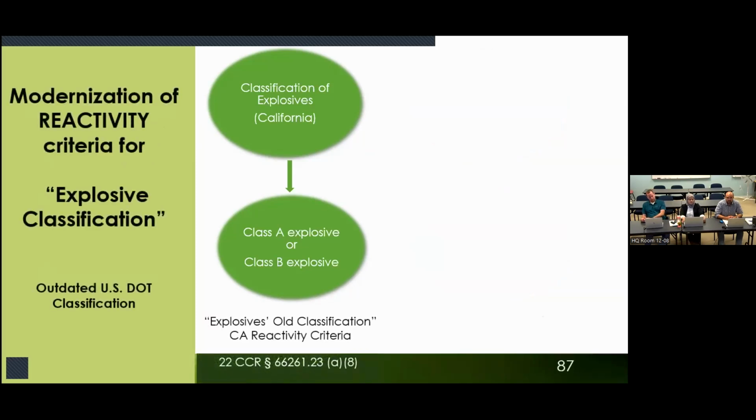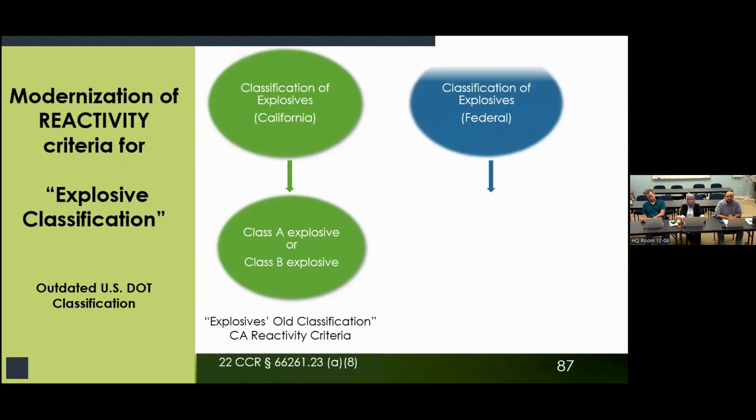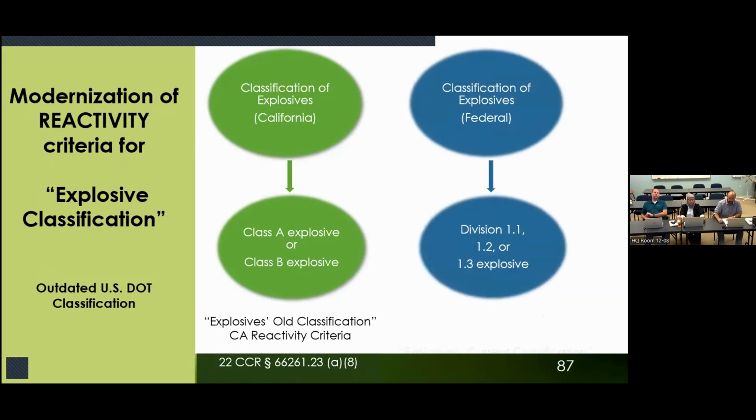A similar situation exists for the reactivity characteristic, where the same cross-references to the old classification system for explosives are codified in Title 22, section 66261.23(a)(8), which were based on the old US DOT classification system. Now we know that the current US DOT uses divisions, which are 1.1, 1.2, etc., to classify explosives, and it's already adopted by US EPA.